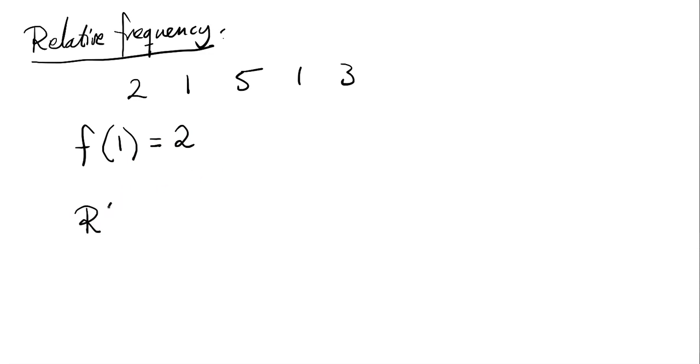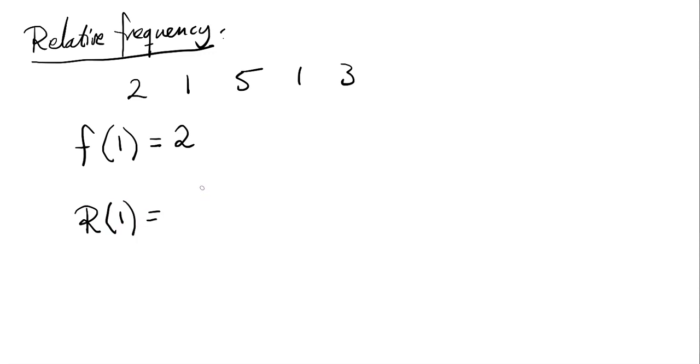Then we can also talk about relative frequency. And what is relative frequency? If I have a data set, let's take throwing a die again. So I got a 2, 1, 5, 1, and 3. What is the frequency of 1 here, for example? It's 2, since I got a 1 two times. What is the relative frequency of 1?